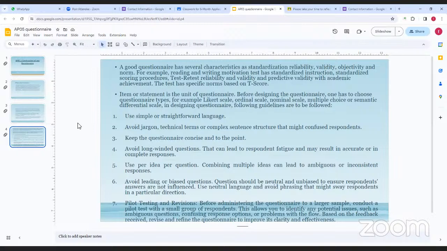Another part is the internal consistency. Please check whether the items are internally consistent or not. Suppose you have 50 items and they are highly consistent internally.